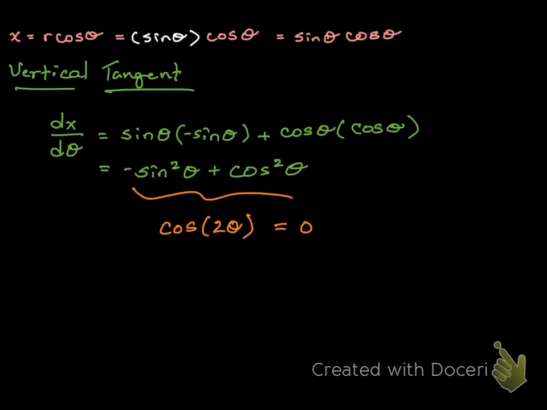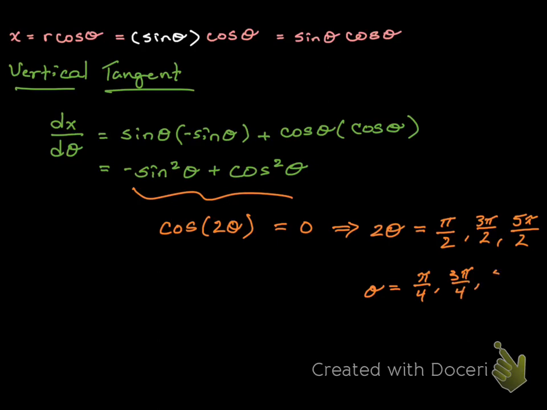And that occurs when I take inverse cosine of both sides. Inverse cosine of 0 happens to be 2 theta equals pi over 2 and 3 pi over 2. I'm also going to include 5 pi over 2 because I'm going to divide all of these by 2. I have to think about all the things that end up in the domain from 0 to pi. Right? So when I divide everything by 2 here, I have pi over 4, 3 pi over 4, and 5 pi over 4. And 5 pi over 4 just happens to be still outside of my domain.